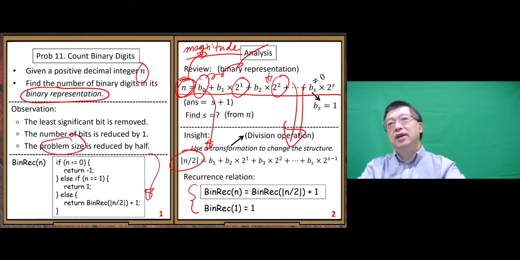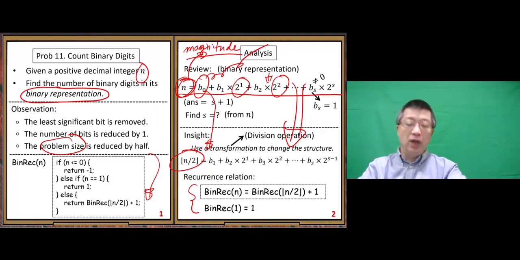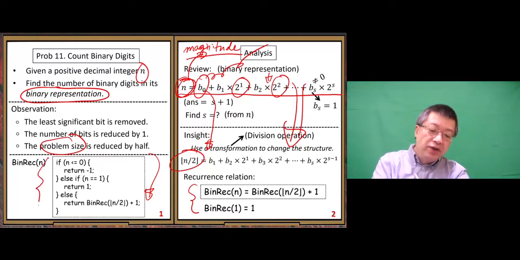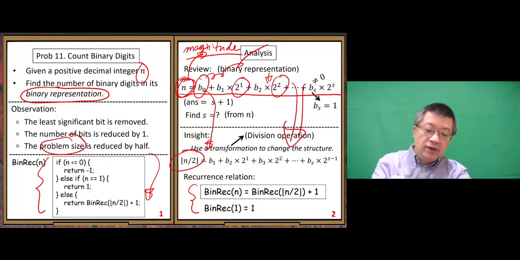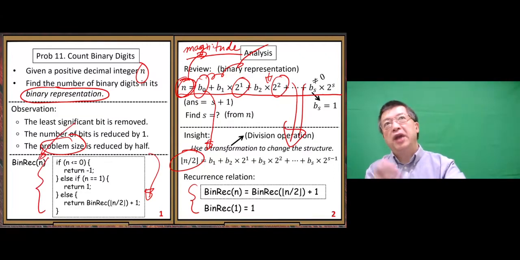So you can find the answer in this way, but for this question, we want to derive the formula for it.